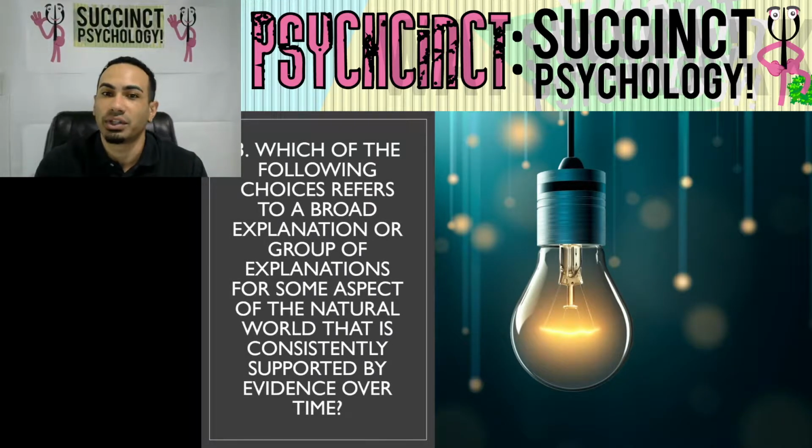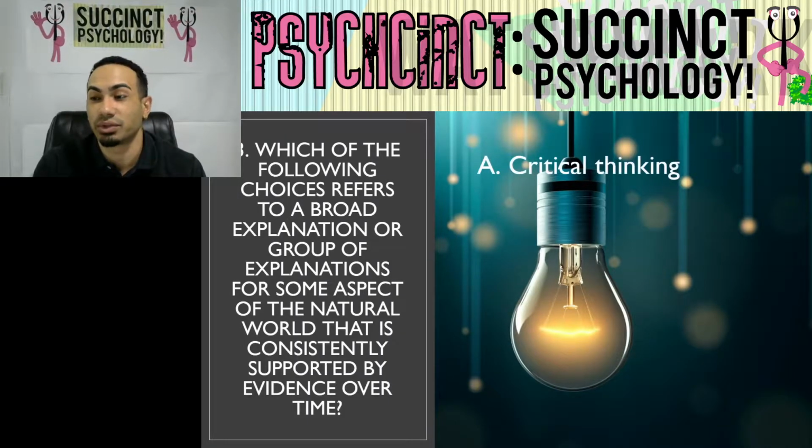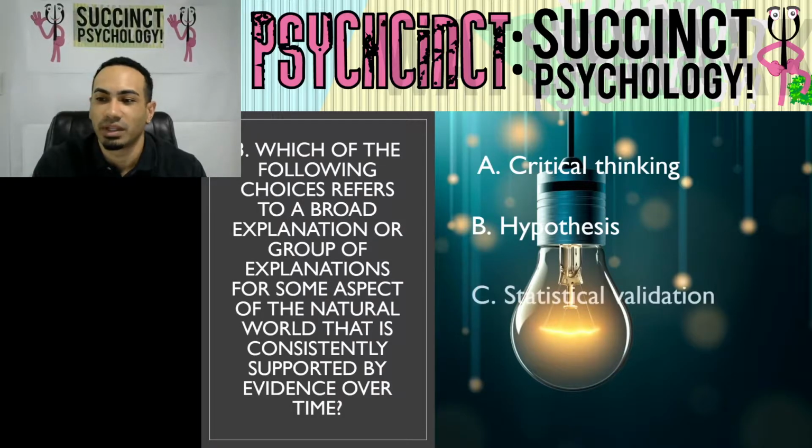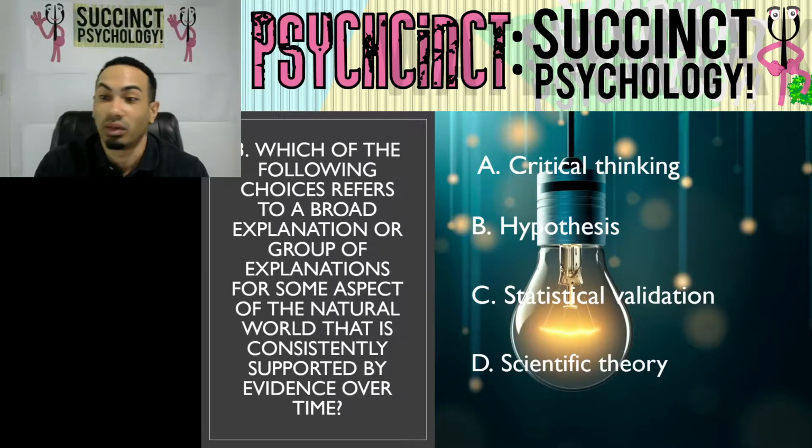Alright, which of the following choices refers to a broad explanation or group of explanations for some aspect of the natural world that is consistently supported by evidence over time? We have A, critical thinking, B, hypothesis, C, statistical validation, or D, scientific theory. Well, we just went over what the definition of a hypothesis was, so we know it's not that.